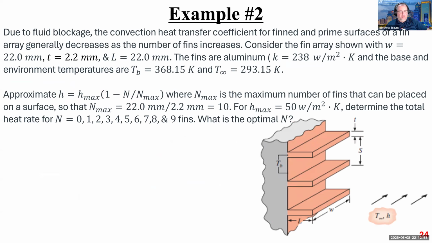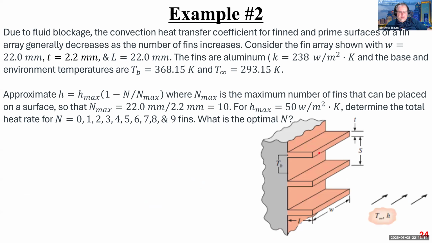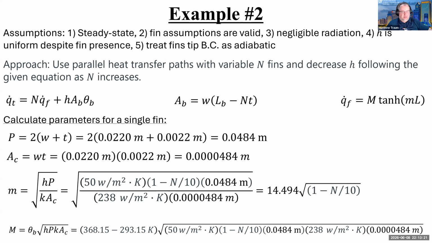But I'm going to assume that once you calculate the h value, it's uniform despite the presence of the fins. And then I'm going to treat the tips of the fins as adiabatic because that's just the easiest boundary condition, right? That's just my assumption to make my life easy. And the fin tips are relatively small compared to the other area, so that's probably a good assumption, at least for an approximation.